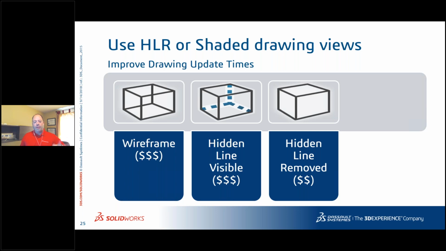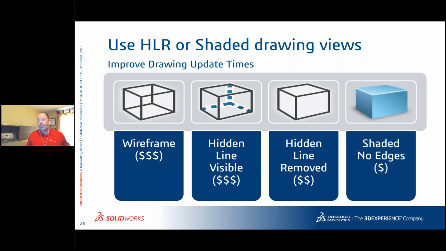It does take time to calculate, but the benefit versus the calculation, when I'm really talking about zoom and pan in drawings, that's cheaper than the two previous. And one that's actually even cheaper than that is shaded with no edges.